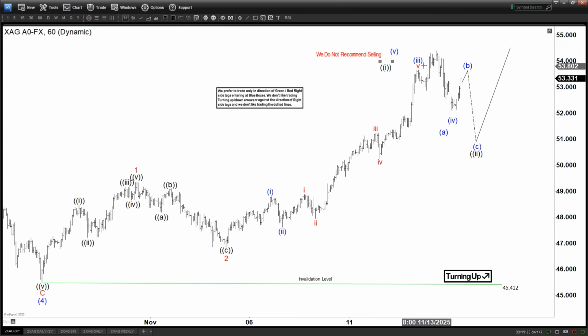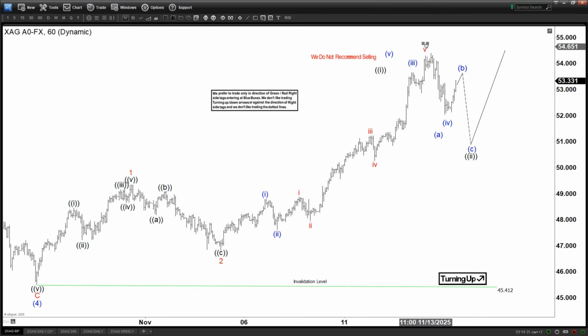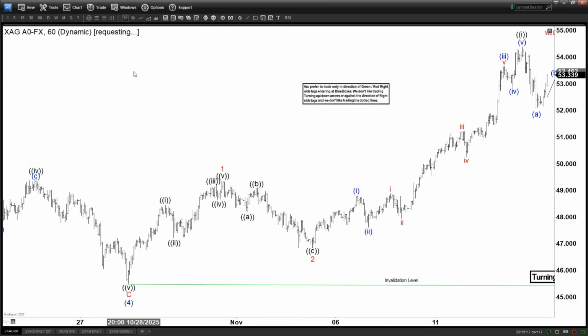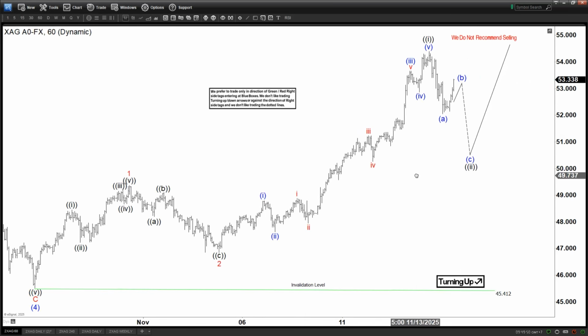We could even still be doing this and continue to go up, only to end 5 of 3 from here. So it is not a sell by any means. We can even do this, but it is a potential buy because it's bullish. It's a potential buy in any kind of pullback in 3 or 7 swings.